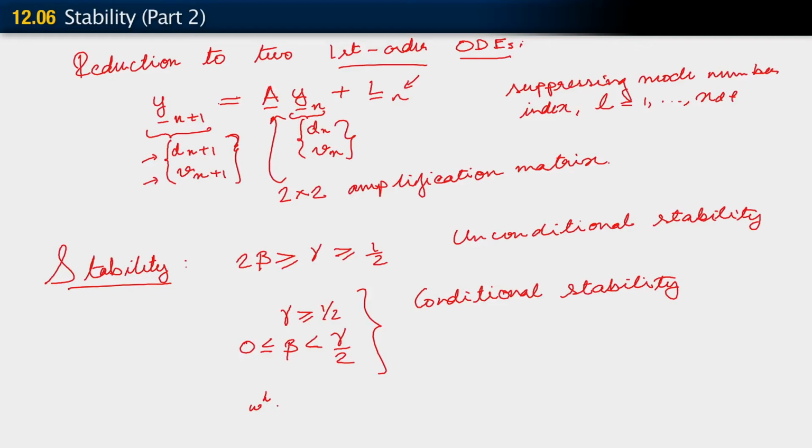So the stability condition also requires that omega h delta t should be less than or equal to a quantity that I'm going to denote as omega critical, where omega critical equals the following.